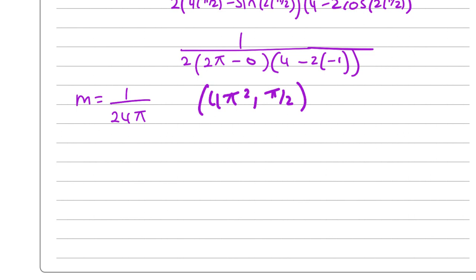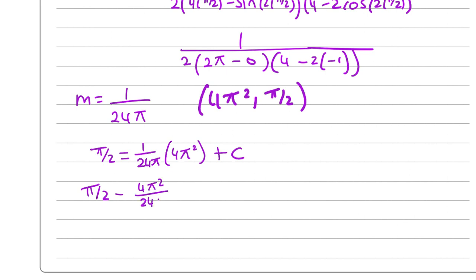So y, which is pi over 2, equals my gradient times x, which is 4 pi squared, plus c. So pi over 2 minus 4 pi squared over 24 pi equals c.